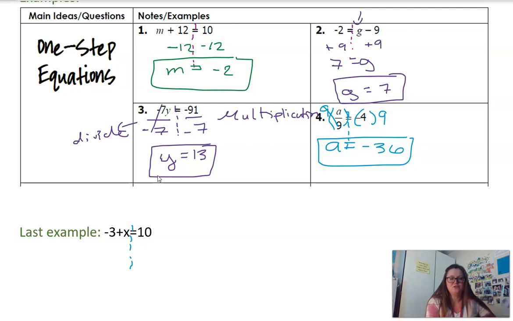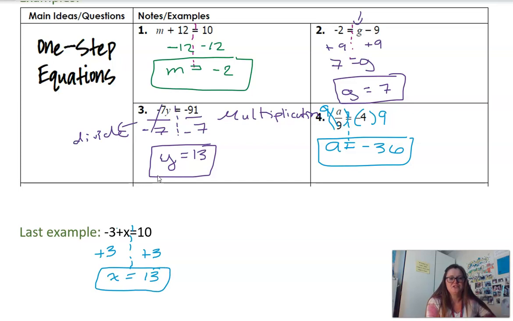So most of you are hopefully thinking, well, to get rid of negative 3, we would add. So really this is more of a subtraction example. It's just written backwards. You've got the x after the negative 3. So you're right, we have to add 3 to both sides to get rid of this negative 3. So x would equal 13. And if you check, negative 3 plus 13 is 10.